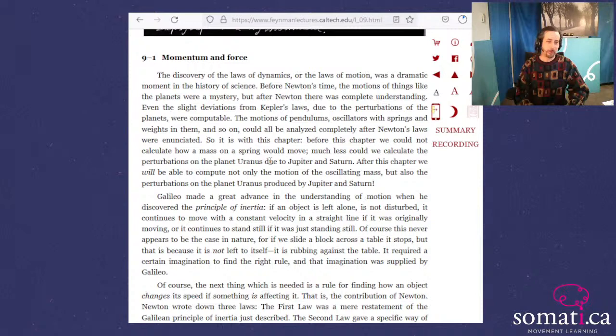Before this chapter, we could not calculate how a mass on a spring would move. Much less could we calculate the perturbations on the planet Uranus due to Jupiter and Saturn. But after this chapter, we will be able to compute not only the motion of the oscillating mass, but also the perturbations on the planet Uranus produced by Jupiter and Saturn.